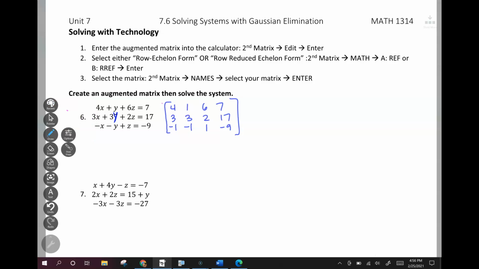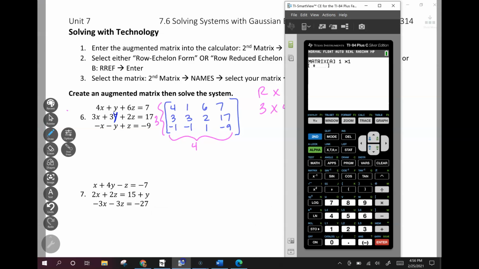So I have 3 rows. And I have 4 columns, so this one is a 3 by 4. It's rows by columns. So 3 enter, 4 enter.